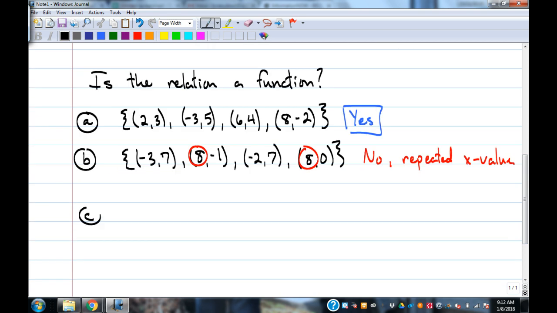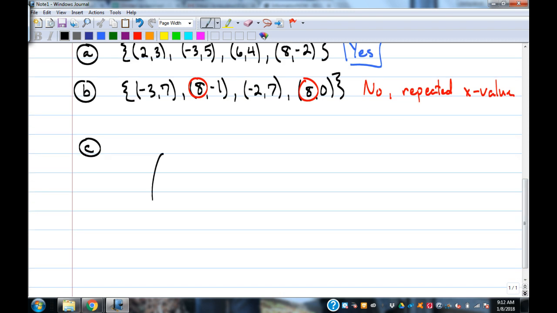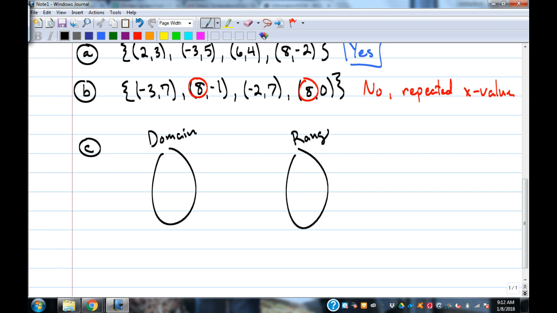Another way that relations could be presented to you is a mapping. And that's where you have these bubbles. One is a domain bubble, one's the range bubble. And what they do is they just map the x values that are in the domain bubble to the range values by just drawing arrows.